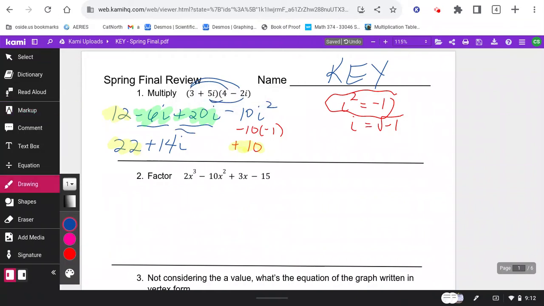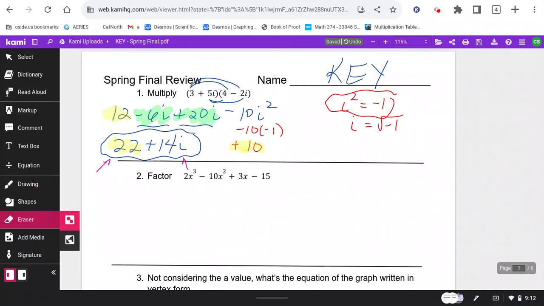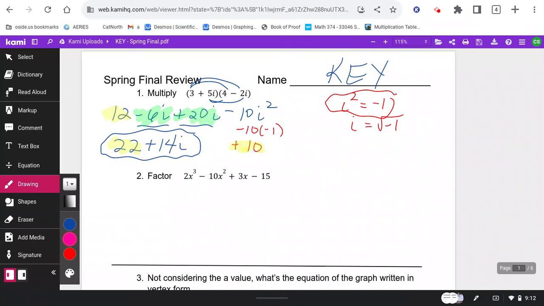Remember that this is called a complex answer made up of a real part and an imaginary part. And it needs to be with the constant in front and then with the 14i, the imaginary part, in the back. This was called the a plus bi format.